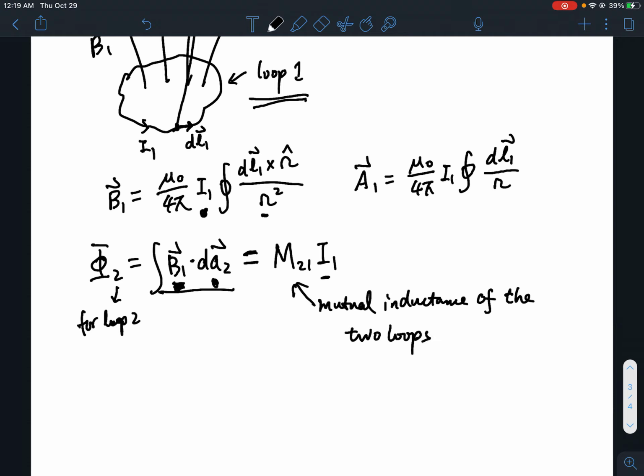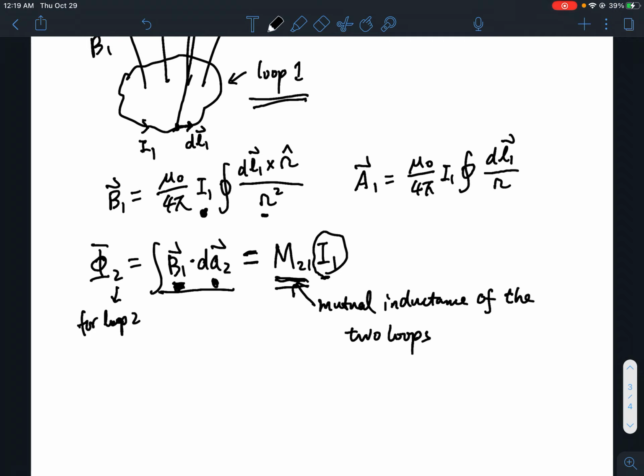The flux is proportional to the current in loop 1, multiplied by some number, M21.